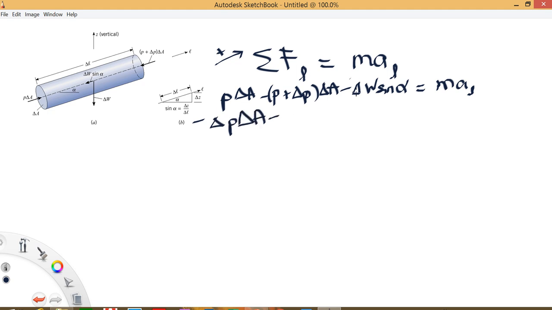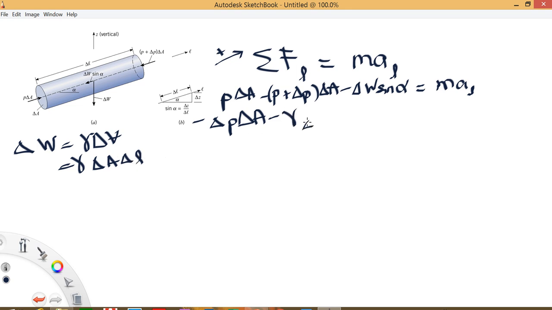Minus, okay. So weight can also be measured by using gamma times volume. So volume, if you see here, this is a cylinder, right? So it's area times length. So you can replace it here.